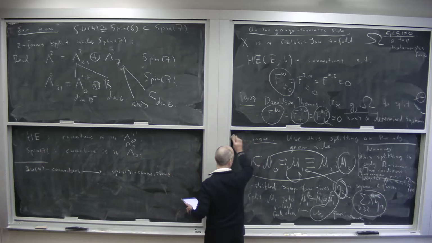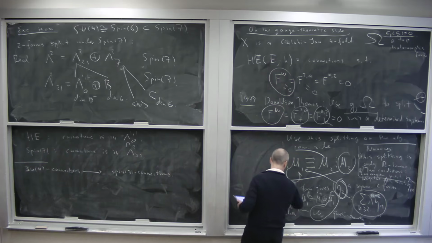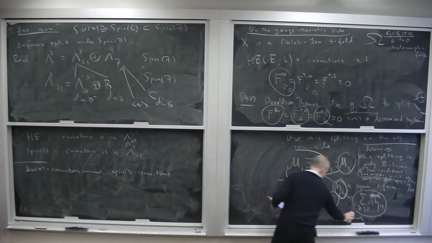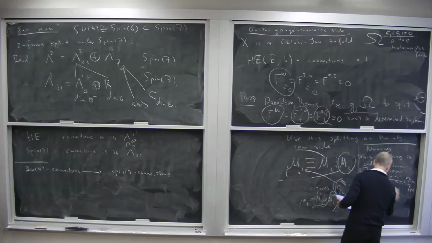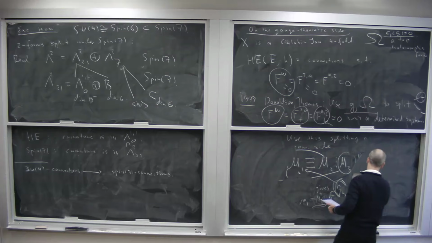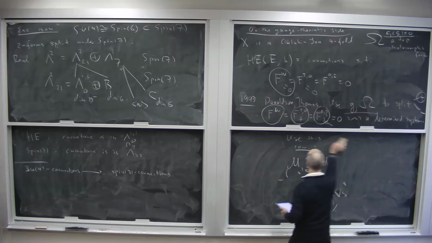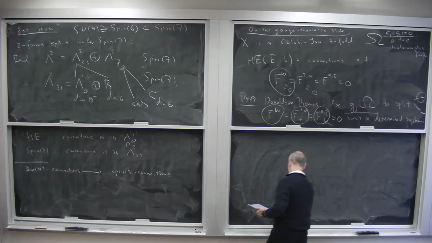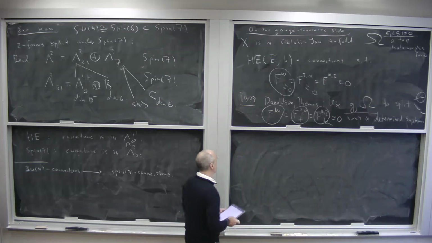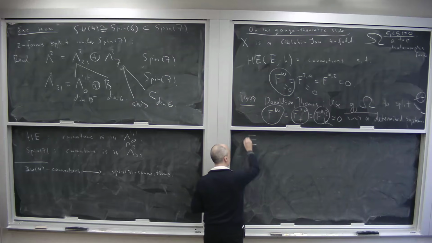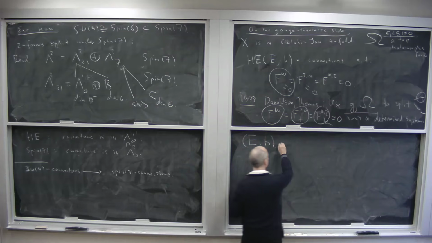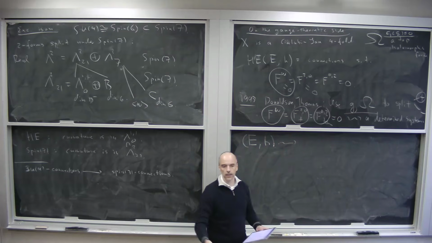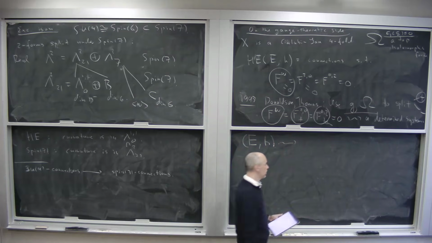So now I switched to Lie algebras, and for the following reason, because I would like to really take care of connections in an algebraic way. So again, we have our E, H. And from that, what I would like to do is to go to the Atiyah Lie algebroid corresponding to this.